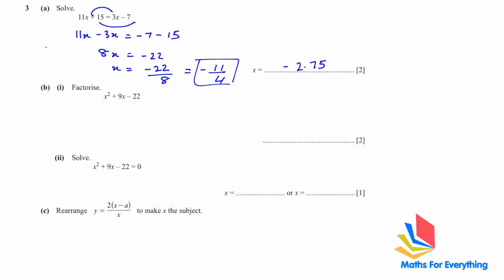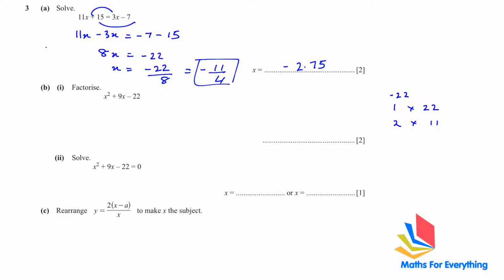Part B 1. Factorize x squared plus 9x minus 22. Write down the factors of 22. Negative 22. We have 1 multiplied by 22 and 2 multiplied by 11.